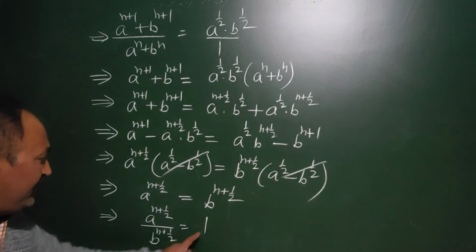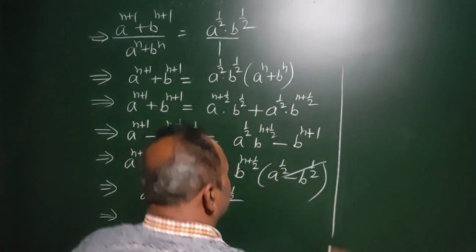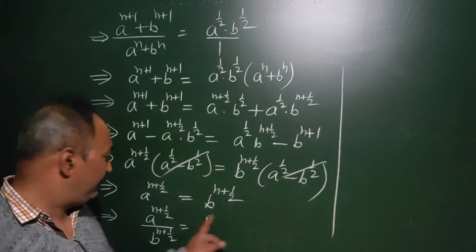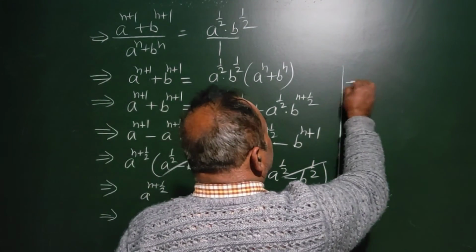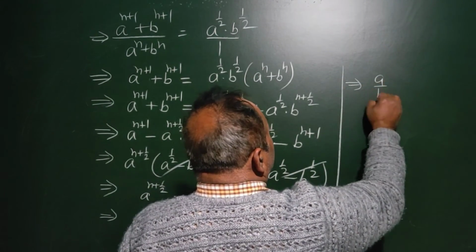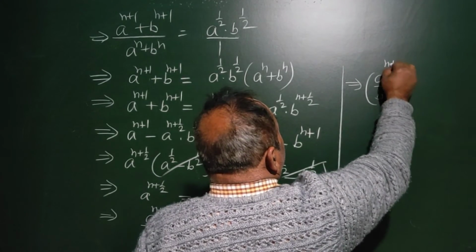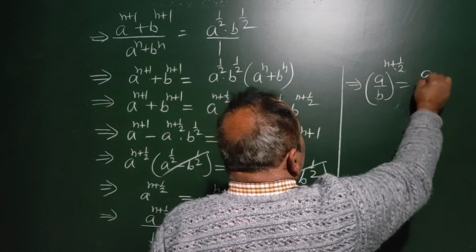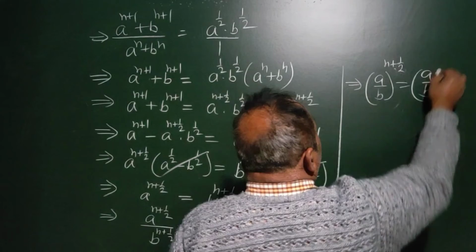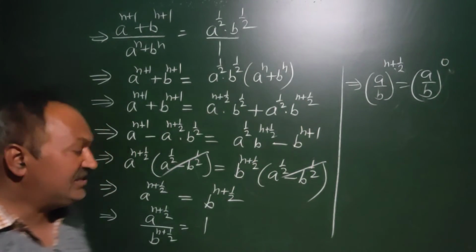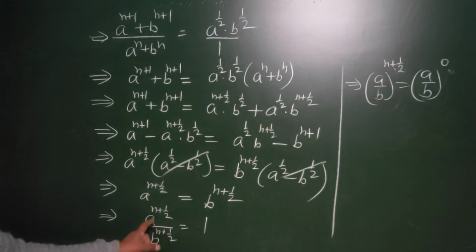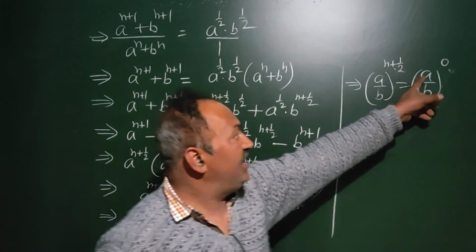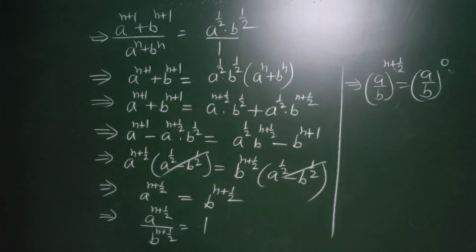Now this 1 can be written as (a/b)^0, so (a/b)^(n+1/2) is equal to (a/b)^0.